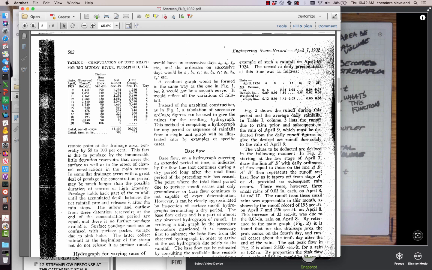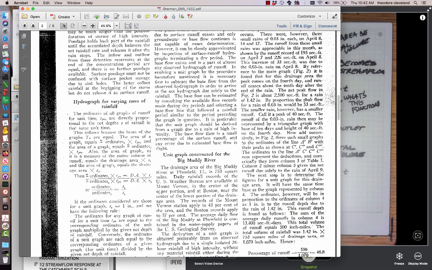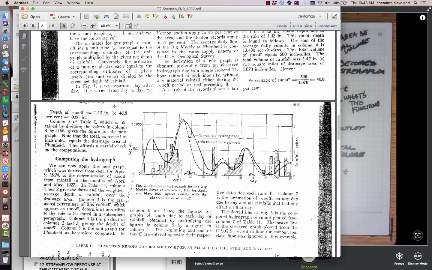So they have observed runoff, and in his case it was all runoff caused by rainfalls that were known to last for a single day. And it goes on and has another couple of examples.